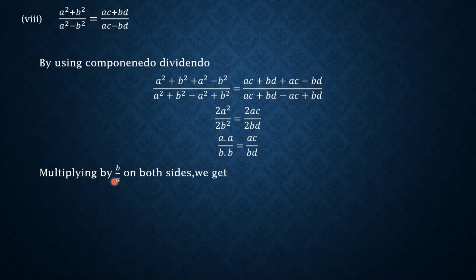So we multiply the multiplicative inverse of this fraction, which is b over a, on both sides. We get a over b cancelled by b over a on the left, and the same procedure on the right, and we have the resulting fraction as a over b equal to c over d, that is a ratio b equal to c ratio d.